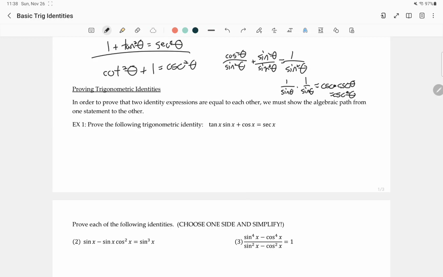And usually you want to choose the side that is more complicated, because it's always easier to simplify than trying to expand out and then simplify back down to something else. Because think about it.